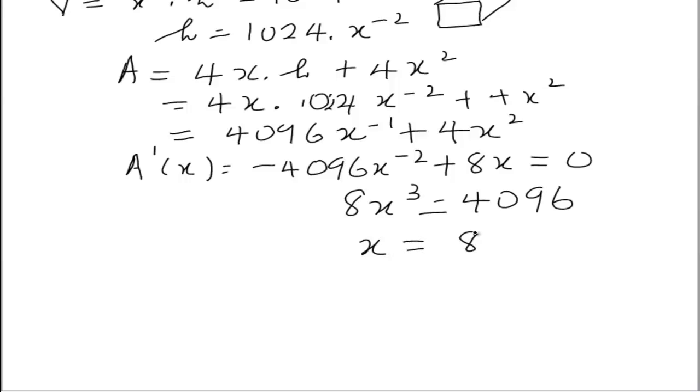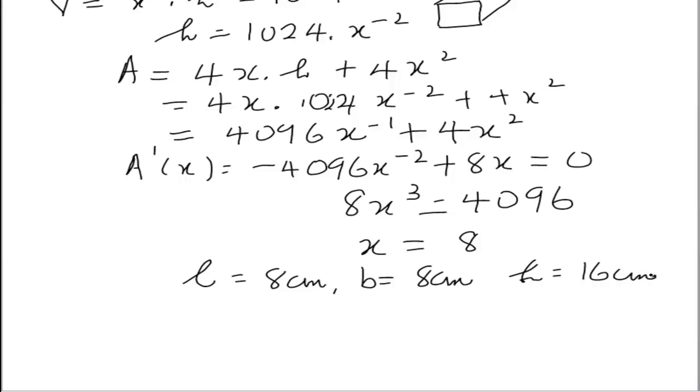Now when x is equal to 8, your length is 8 centimeters, your width or breadth is 8 centimeters, and the height is 16 centimeters. So those are the dimensions.